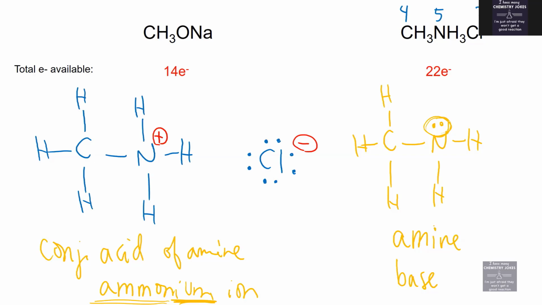If I draw the skeletal structure of this guy, it can be drawn this way, where the NH3 and Cl look like they're connected, as in they're squished together, but we often draw it this way, with the positive and the negative explicitly shown on my two ionic pieces.